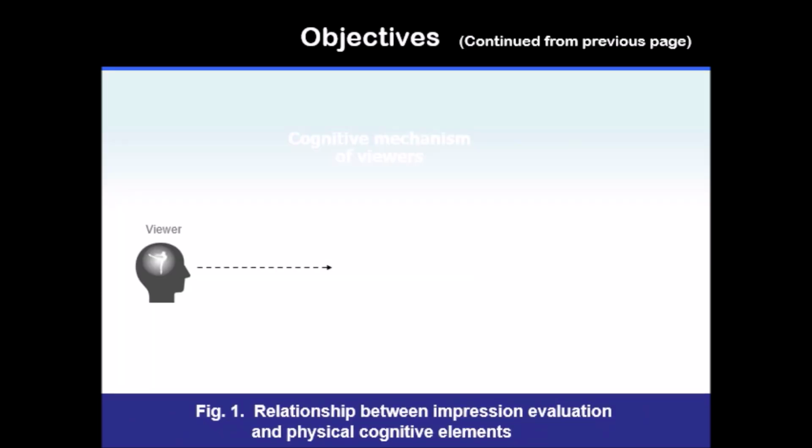Look at Figure 1. Let me explain a little more the relationship between impression evaluation and physical cognitive elements. Figure 1 shows the cognitive mechanism of ballet viewers.